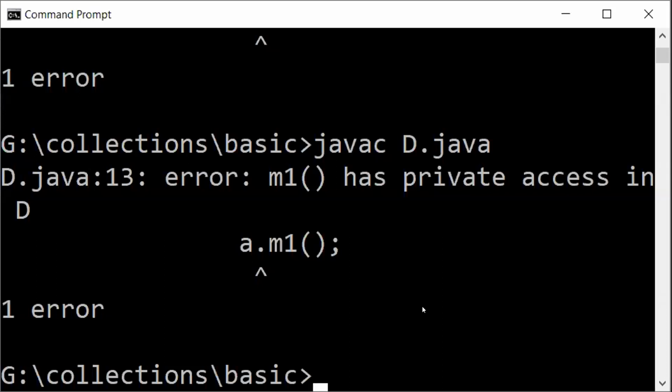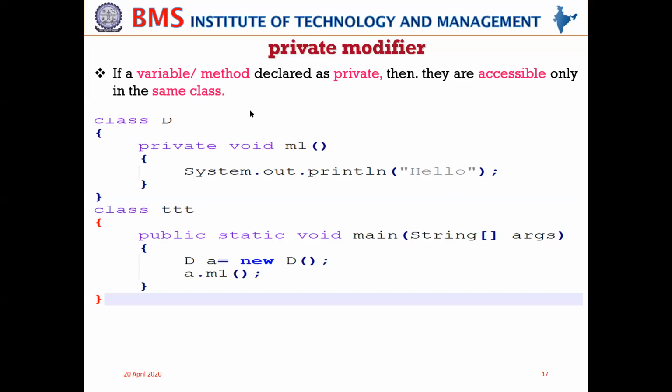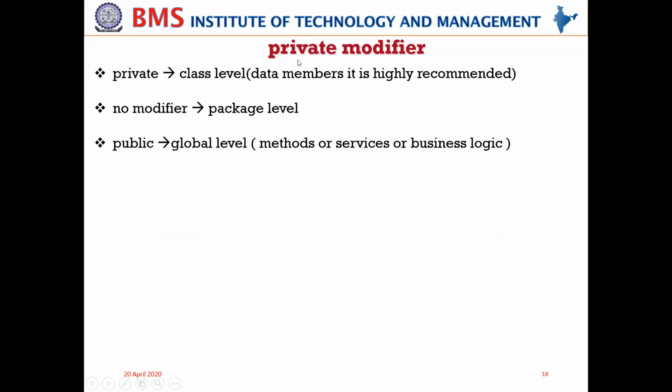Coming to the next type of modifier, we have the protected modifier. This was an example I was showing: since you have declared this method as private, you are not able to access it outside the class. The next modifier we are supposed to discuss is protected.